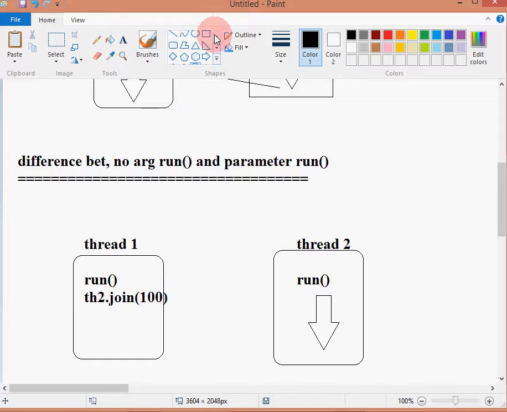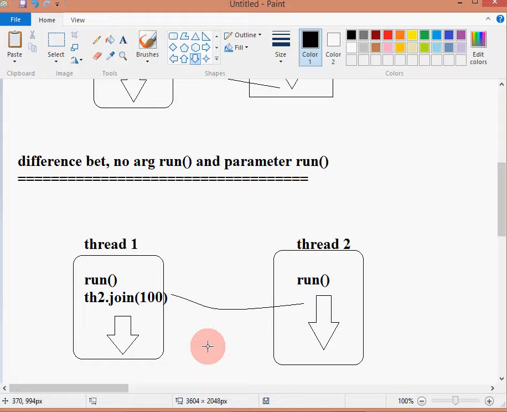Suppose 1 second is given here. Then you wait 1 second. If it's not complete, control comes back here after 1 second, and it executes the remaining thread one. That means with the simple join method, it waits until the thread 2 execution completes, then goes to thread 1 and executes it.